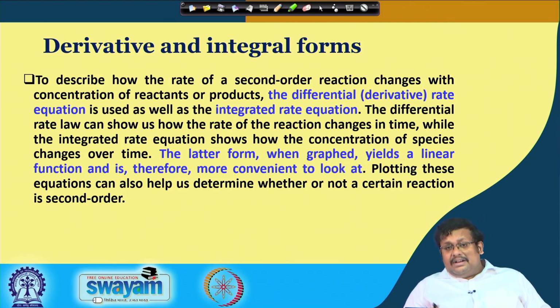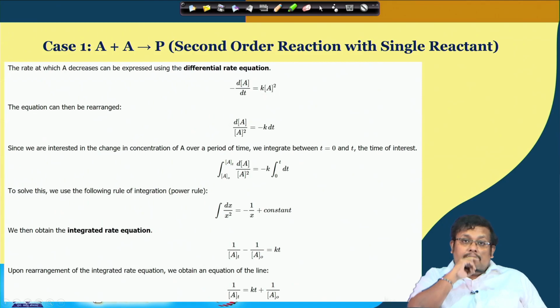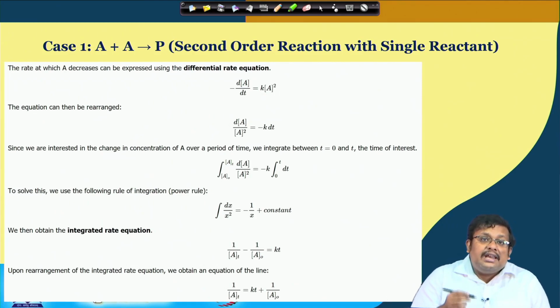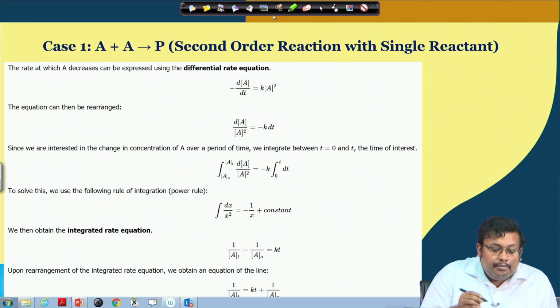The integrated form, when graphed, yields a linear function, as we will see, and is therefore more convenient to look at. Plotting these equations can also help us determine whether or not a certain reaction is second order.